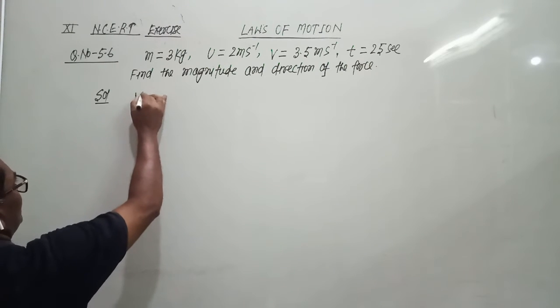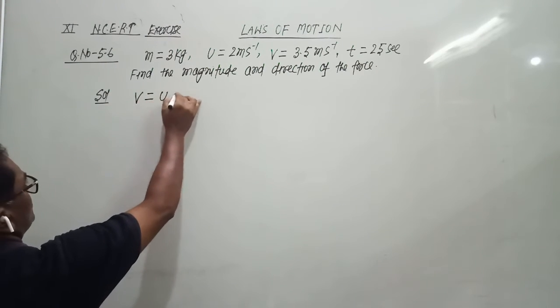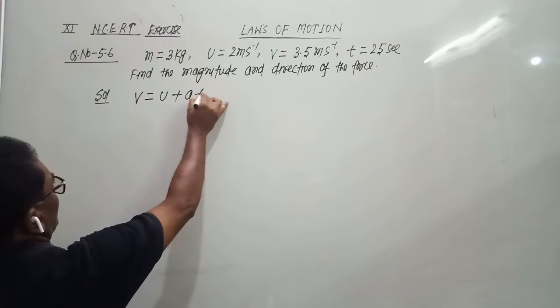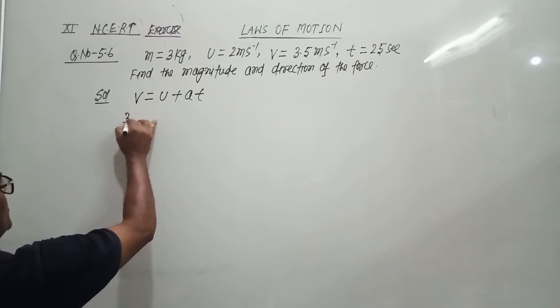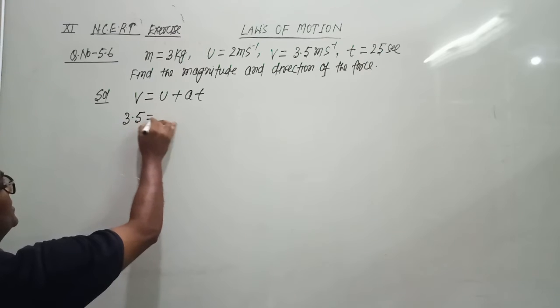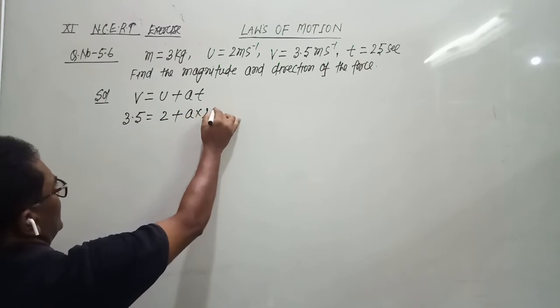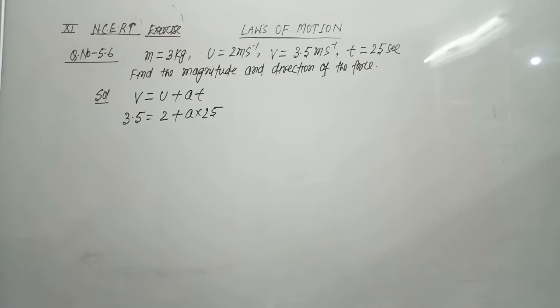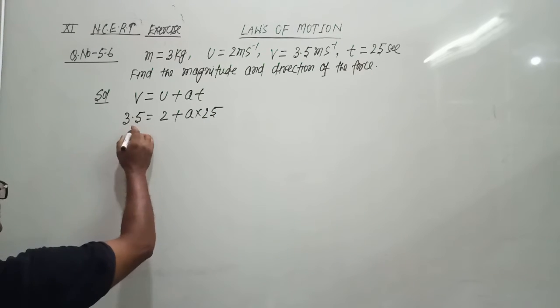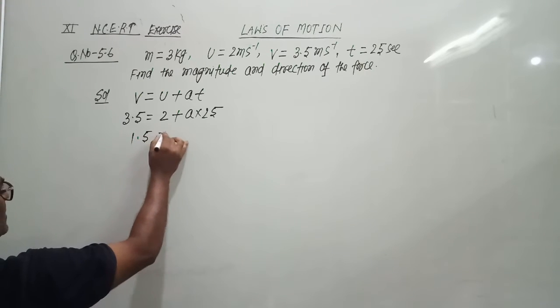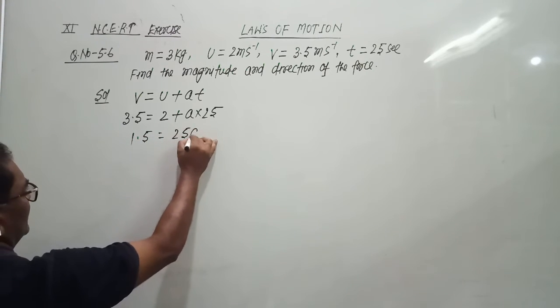So again we use the first equation, v equals u plus at. Final velocity 3.5, initial velocity 2, a we have to calculate, and time is given as 25 seconds. So 2 goes on the left side. 3.5 minus 2, 1.5 equals 25a.